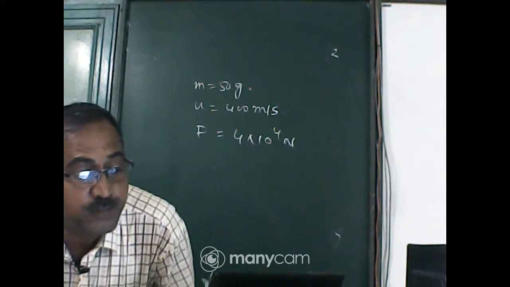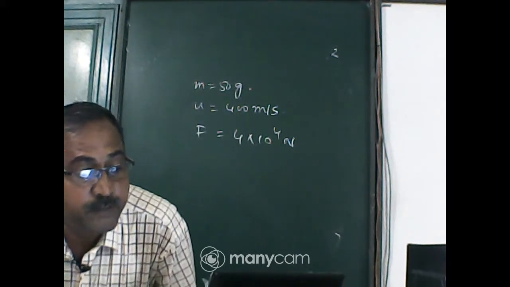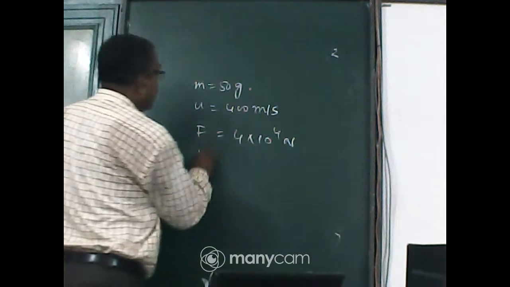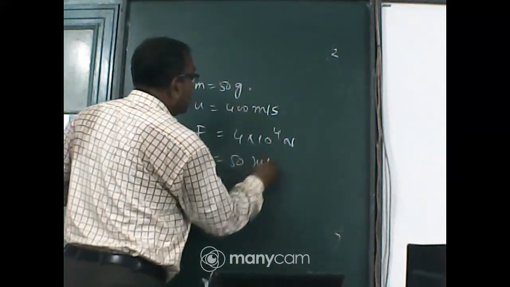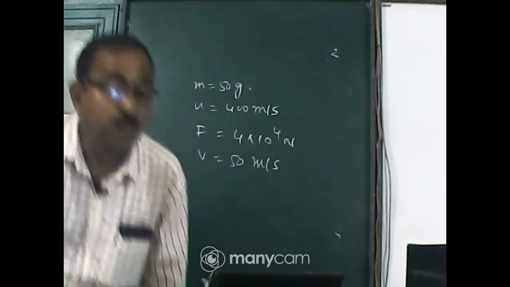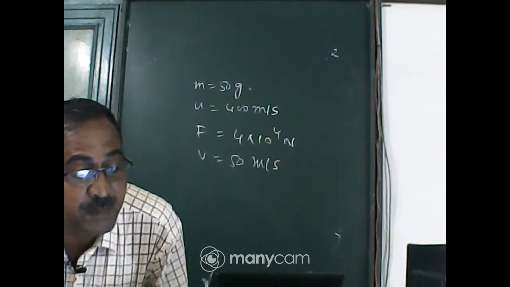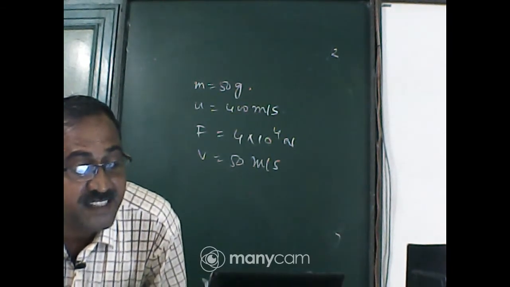It goes out of the wall with a velocity of 50 meters per second. What is the thickness of the wall?